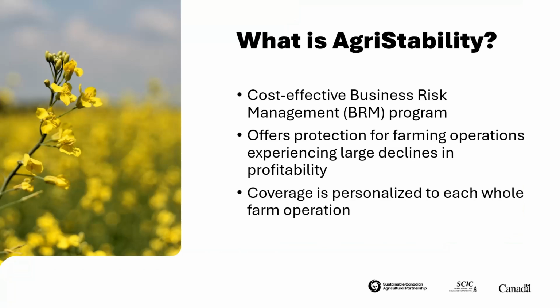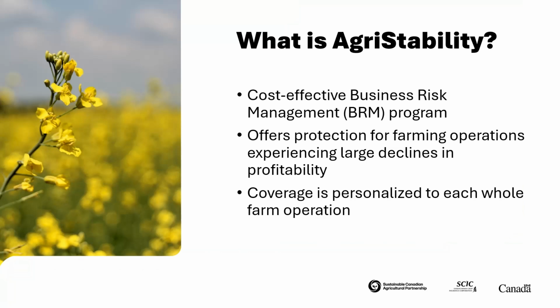It's a national program covered under the Sustainable Canadian Agricultural Partnership Agreement on agriculture policy. So it's a 5-year federal, provincial, and territorial funding agreement that's effective April of 2023 through to March of 2028. And it governs the business risk management suite of programs like crop insurance, AgriStability, livestock price insurance, and AgriInvest.